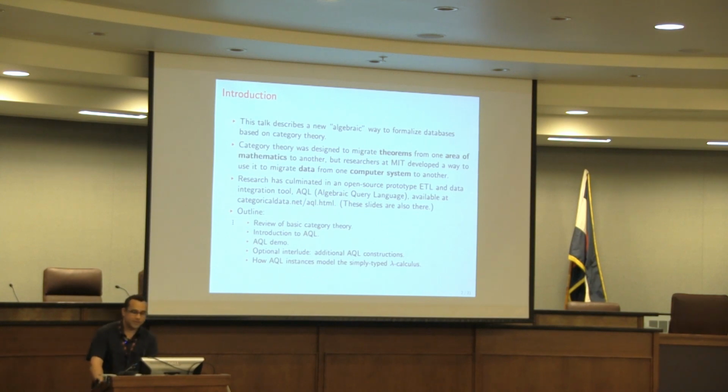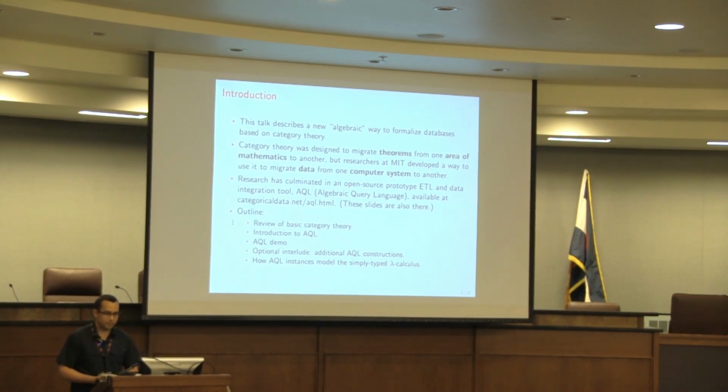And the goal of this talk is to describe a new, quote-unquote, algebraic way to formalize databases, queries, and other things related to them. I won't spend too much time talking about what algebraic means, but the genesis of this project was that category theory itself was invented after World War II as a way to migrate theorems from one area of mathematics to another.